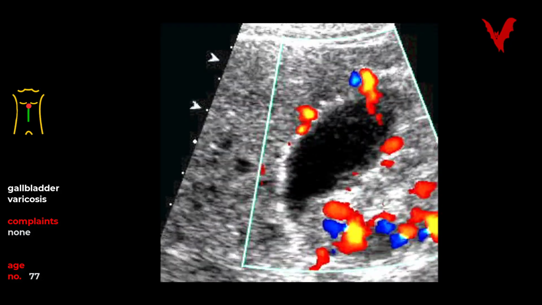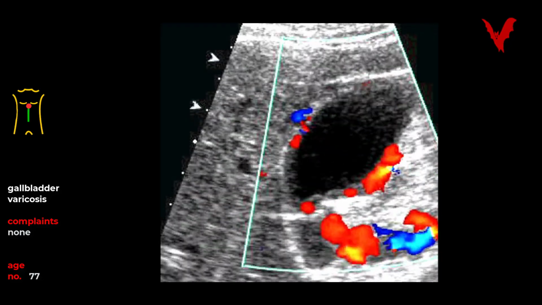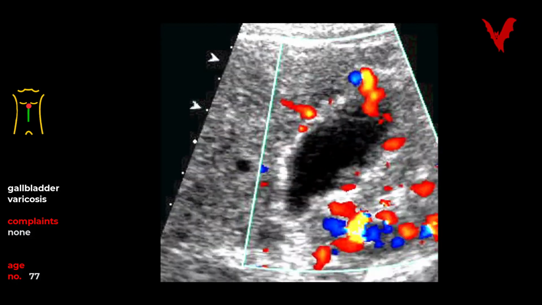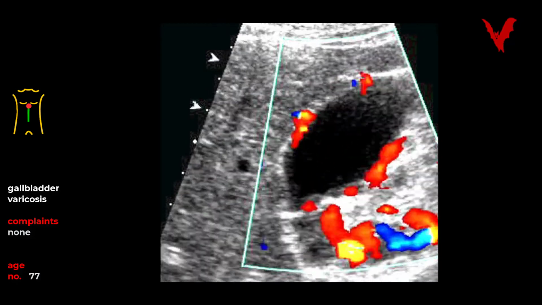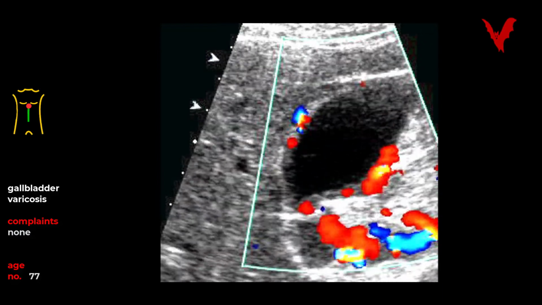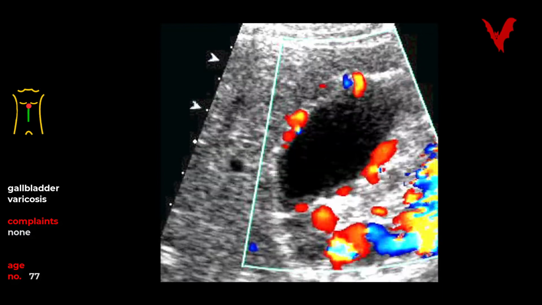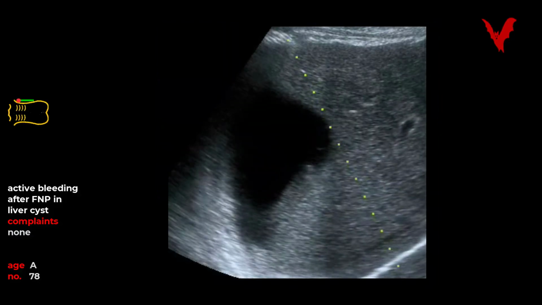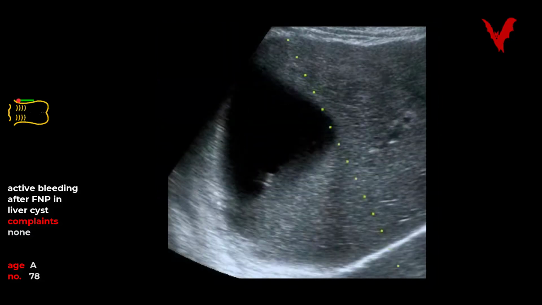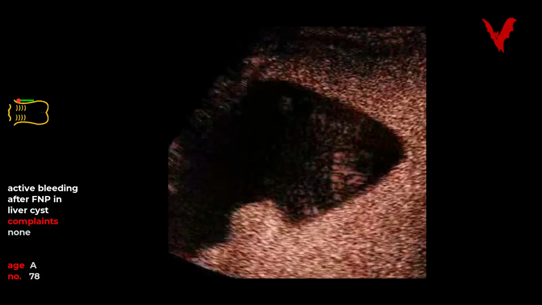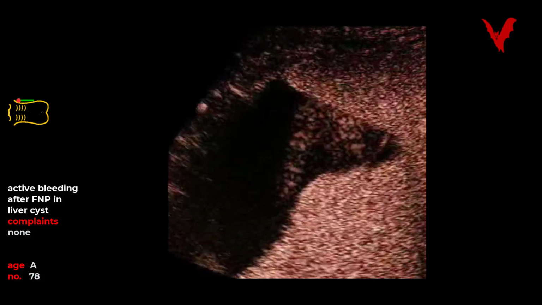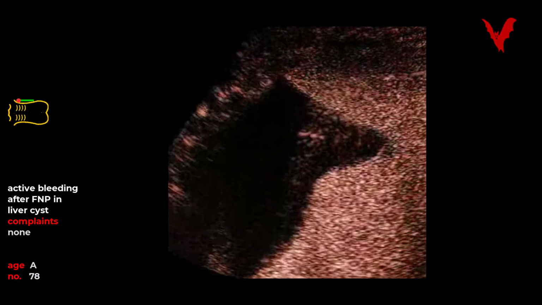No symptoms in 77, but good to know before an operation about these varices, and they are accessible by ultrasound only. This unique case of a bleeding after FNP was self-limiting, a complication of FNP anyhow.